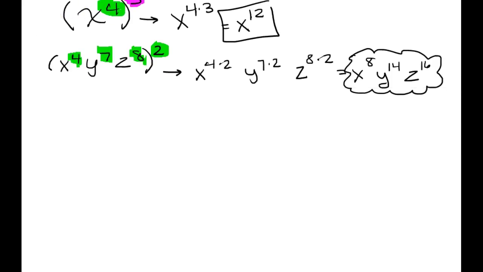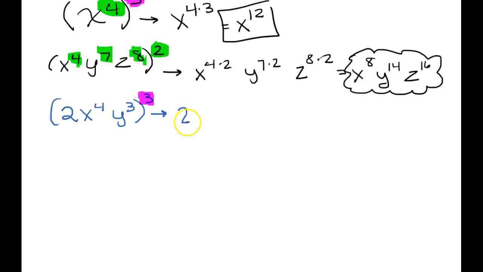Okay, now I know you guys are probably asking what happens if we have integers in there. So if we have 2x to the 4th, y to the 3rd, and all of this is raised to the 3rd power, what I'm going to do, I'm just going to redistribute, because remember, we have to distribute this 3.